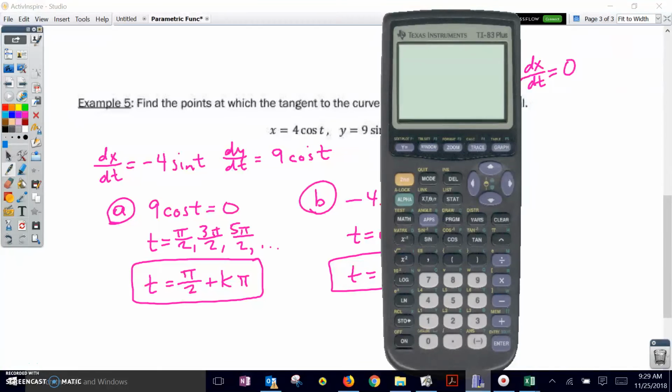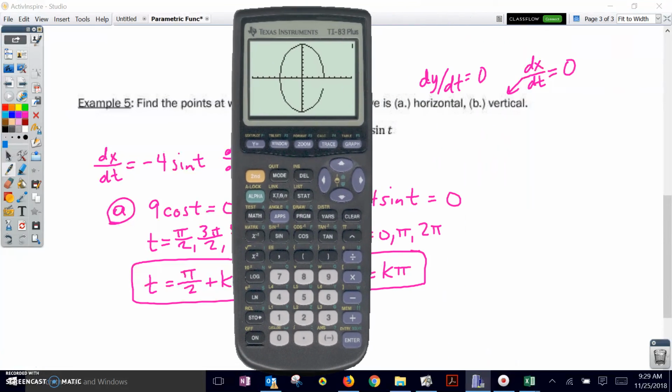Alright, and just to kind of illustrate this further, if I look at this function, x equals 4 cosine of t, y equals 9 sine of t, the graph looks like this.